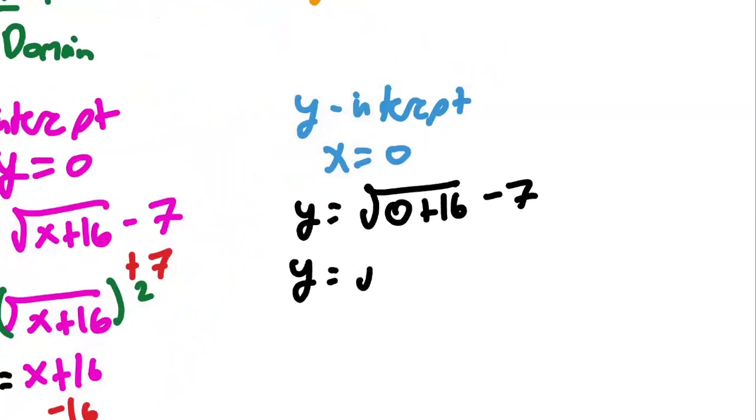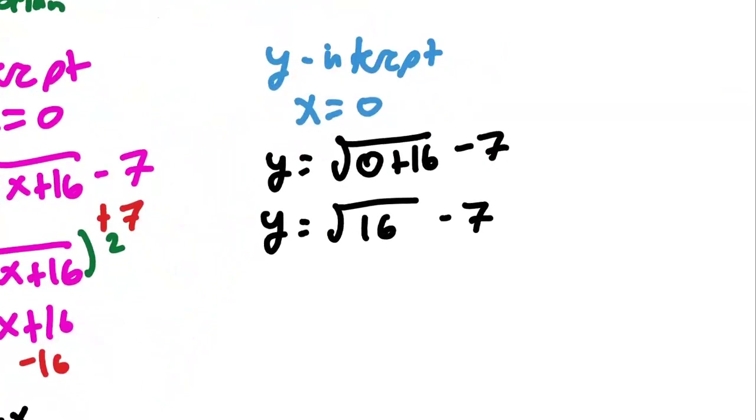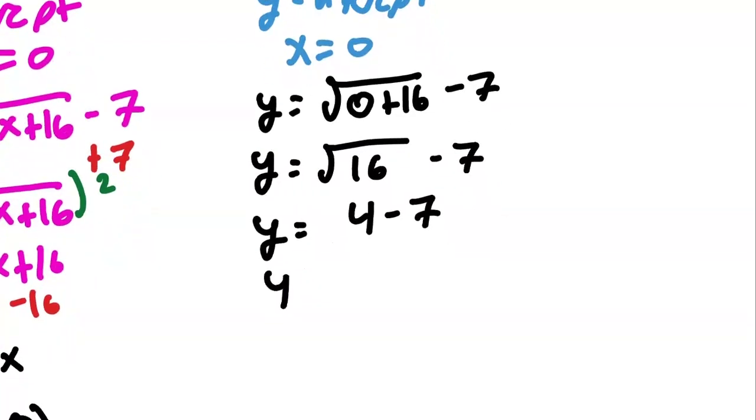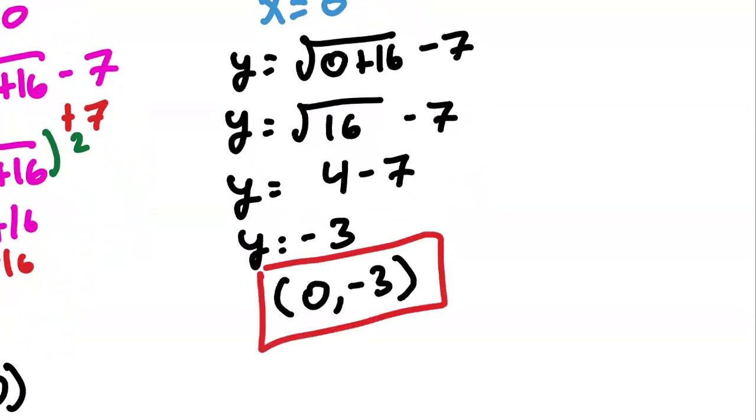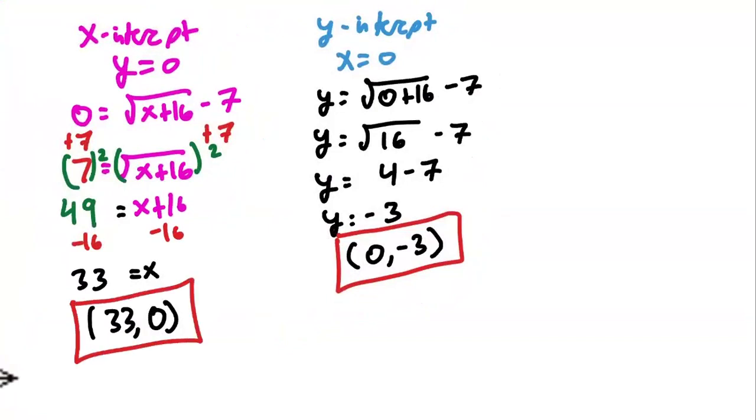So 0 plus 16 is just 16. The square root of 16, if you plug that into the calculator, you'll get 4. 4 minus 7 is negative 3. So you can either write y equals negative 3 or the coordinate 0, negative 3. That's your y-intercept. And then this is your x-intercept.